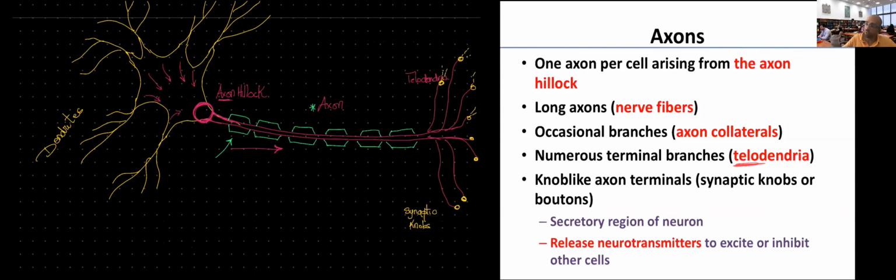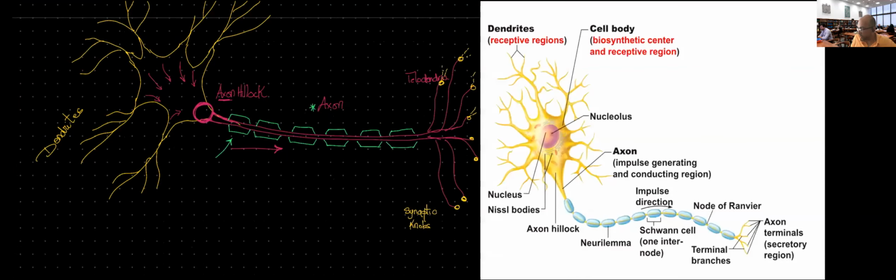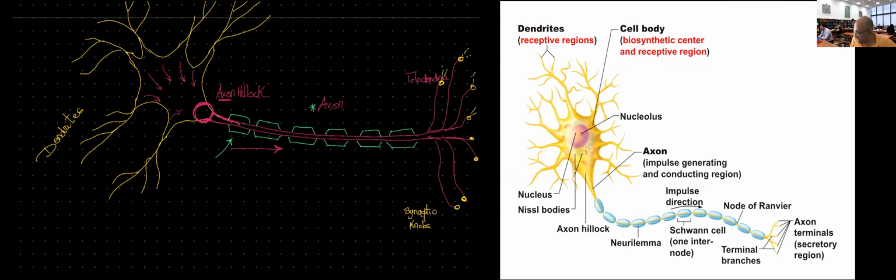Why do we have those wrappings? The first reason is to allow the insulation. Again, how insulation takes place on the nerve fibers is by the presence of the myelin sheath.